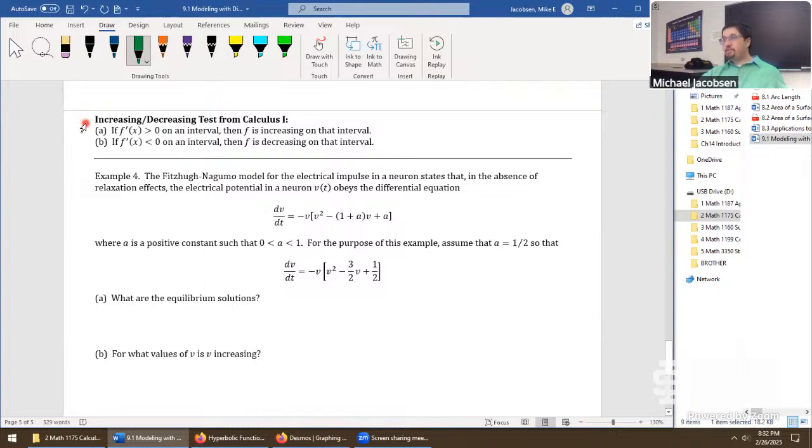We are going to reuse from Calculus 1 the increasing decreasing test, which makes a lot of sense because f prime being greater than 0 is just the same as saying dv dt is greater than 0. So this applies to differential equations as long as it's a first order differential equation.